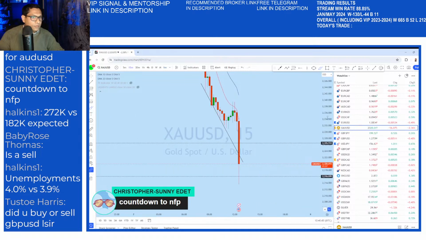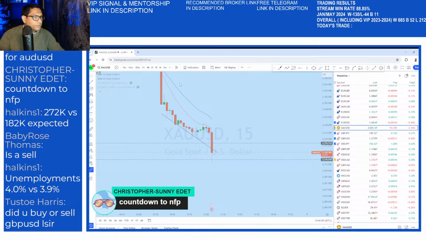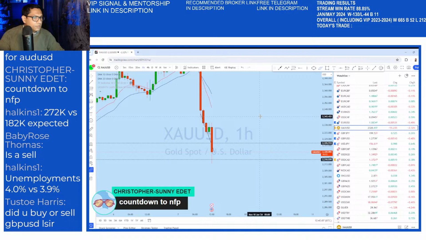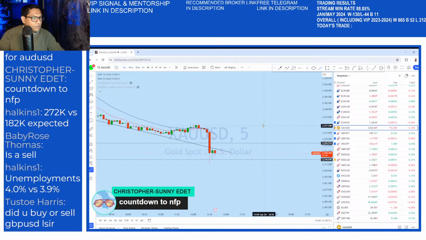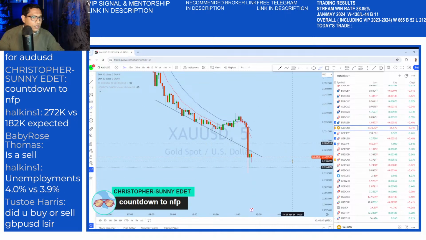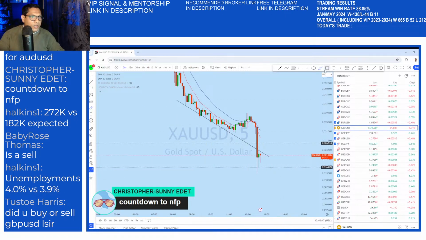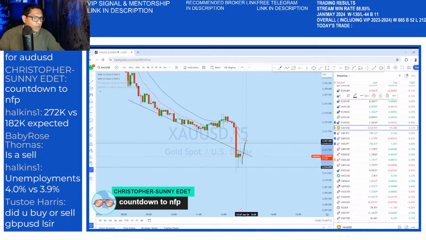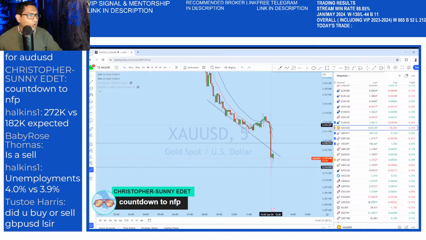Without a retest, it's hard to trade. If it wants to return back, then we might see this way, which is also possible.